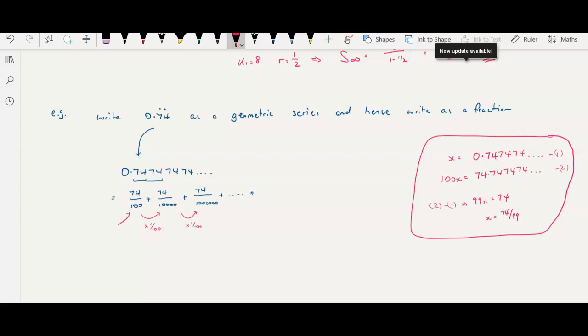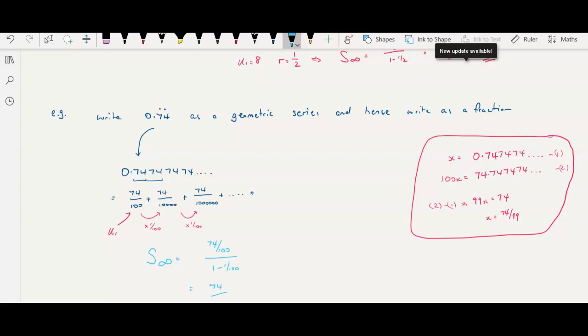So here's my u1, and my sum is therefore u1, 74 over 100, over 1 minus r, which is 1 over 100.